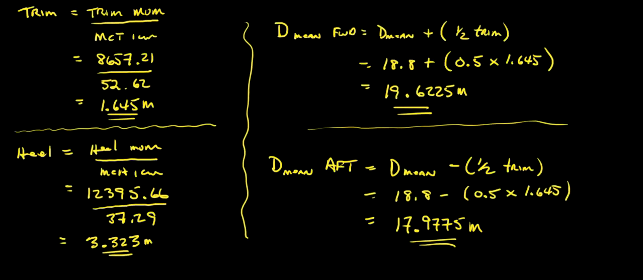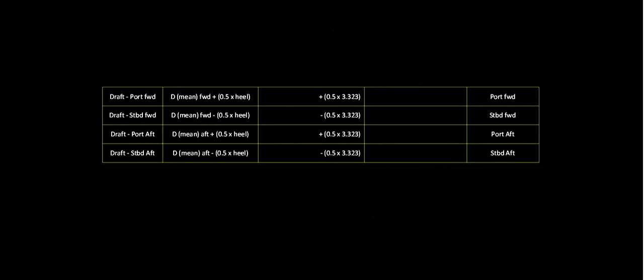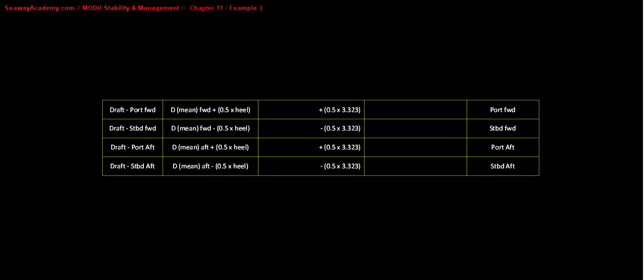So now we have all the information we need in order to calculate the draft at the four corners. For our mean draft forward, we calculate it to be 19.6225 meters.